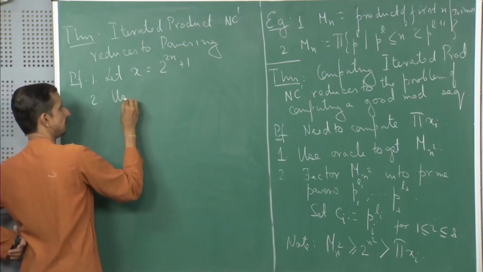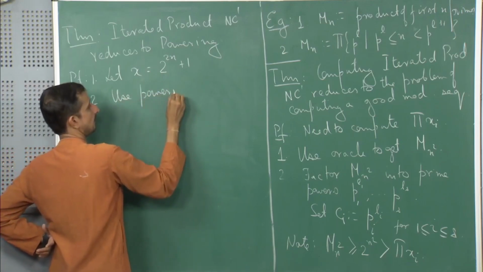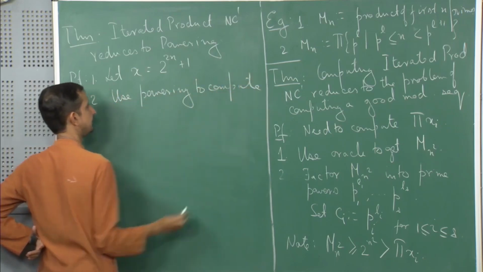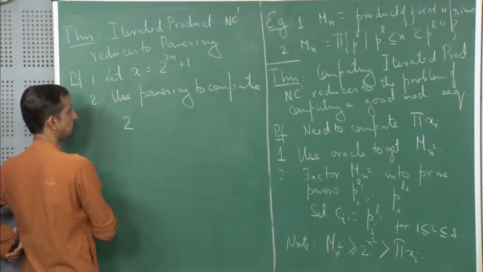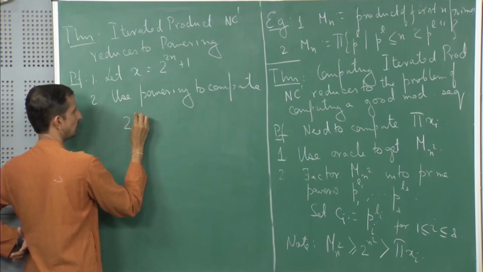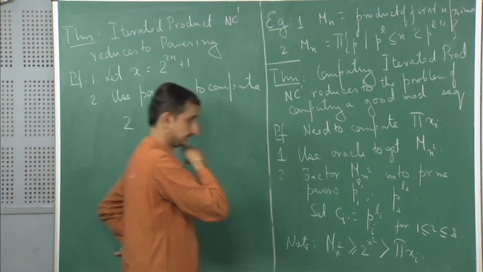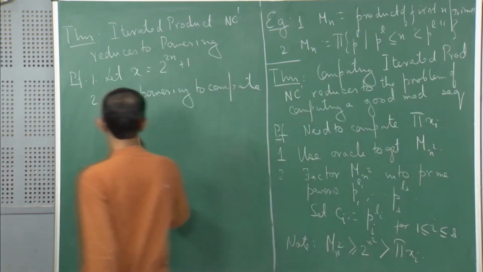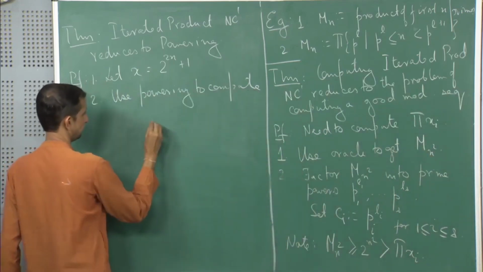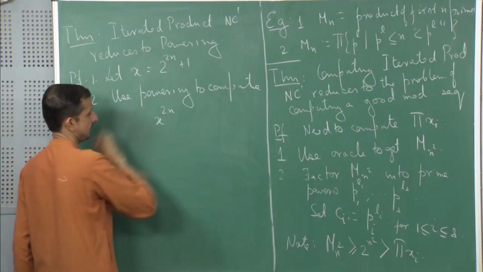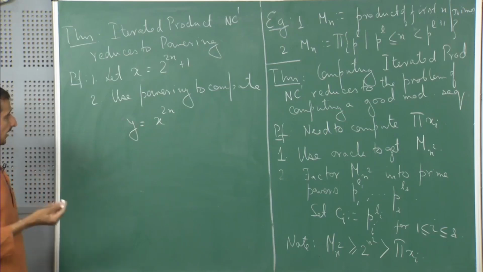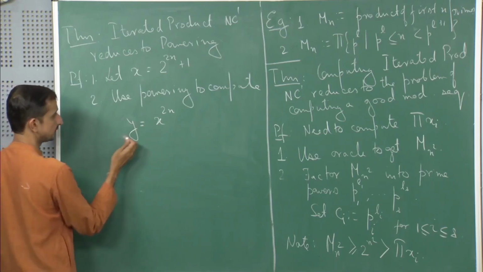Next, use powering to compute the number 2 to the power x squared, I think. What do I need here? We will compute x raised to 2n. So let us call this y.